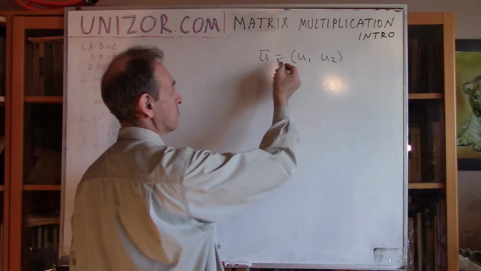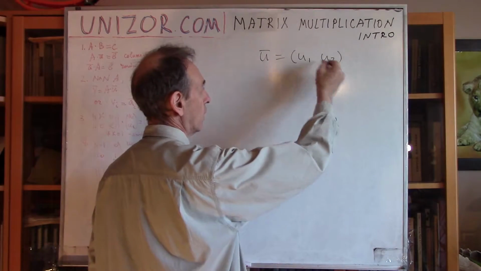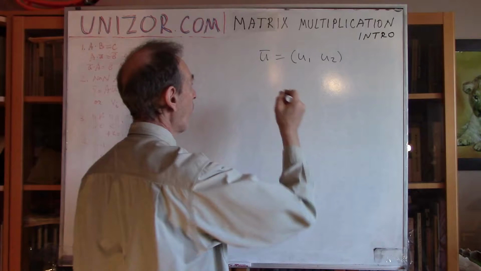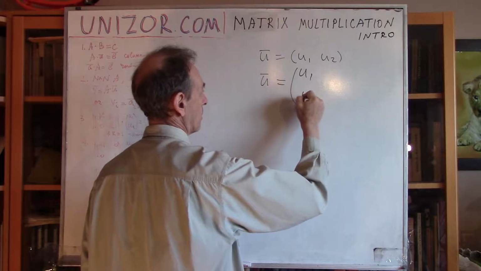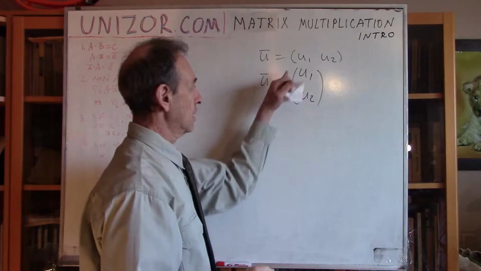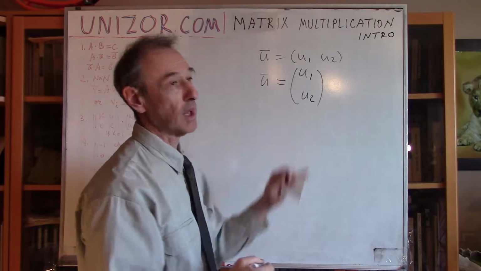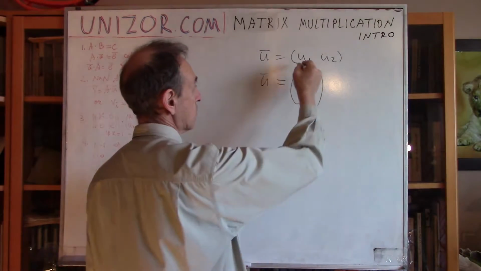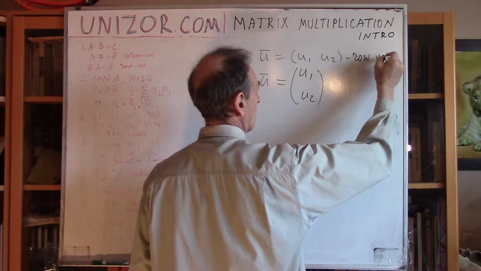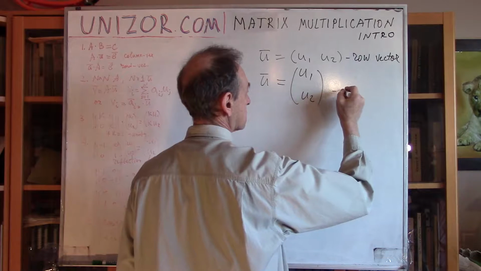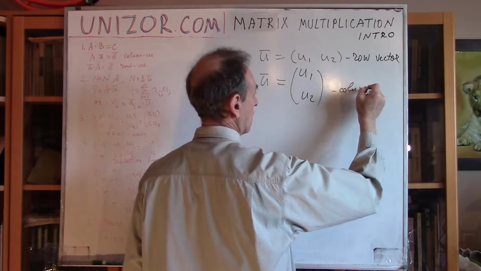In this case, it's a matrix which has one row and two columns. Or I can write it this way, in which it's two rows and one column. This, by the way, is called a row vector. And this is called a column vector.